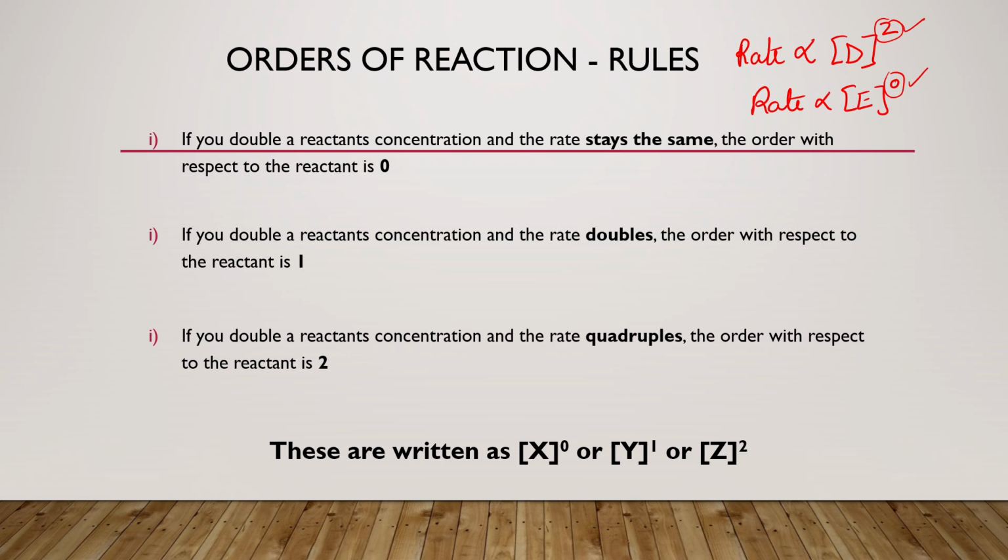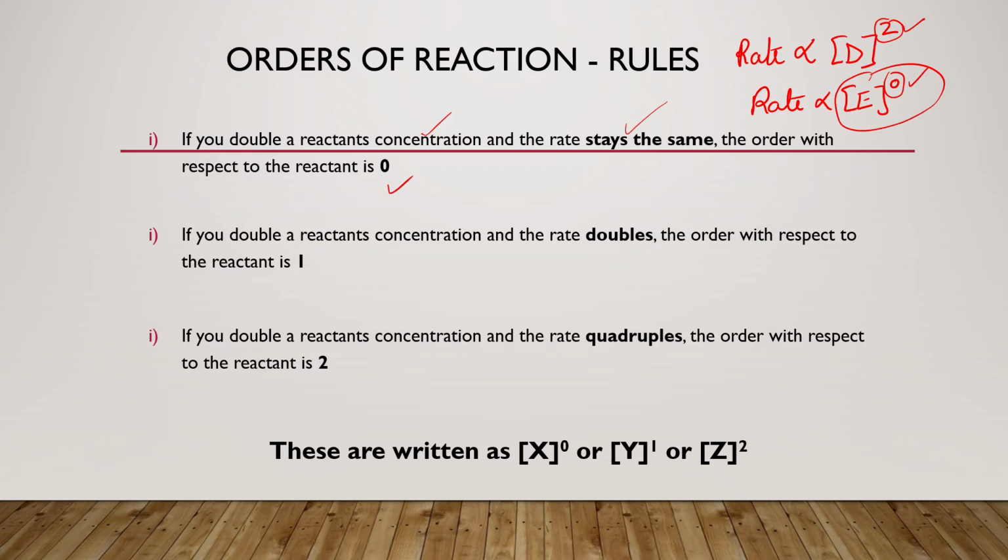So orders tell us mathematically the correlation between the rate of a reaction and the molar concentration of the specific reactant. What we saw in the two examples before is that sometimes even if we double the reactant concentration, the rate stays the same. In such cases, which is the case with E over here, we say that the order with respect to that specific reactant is 0.